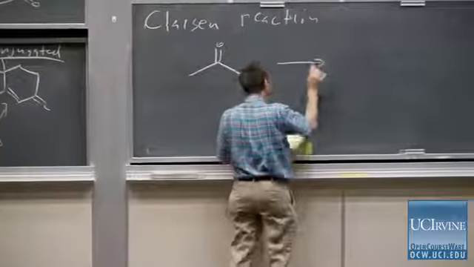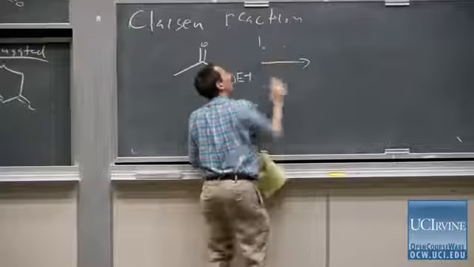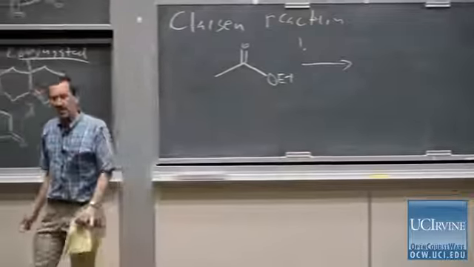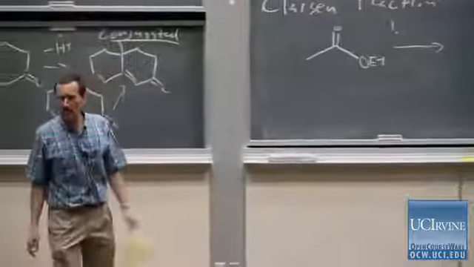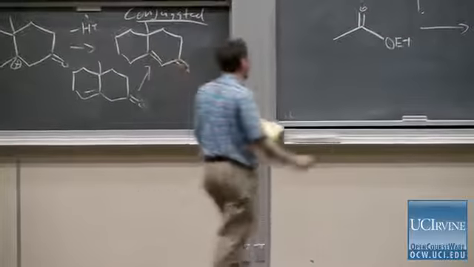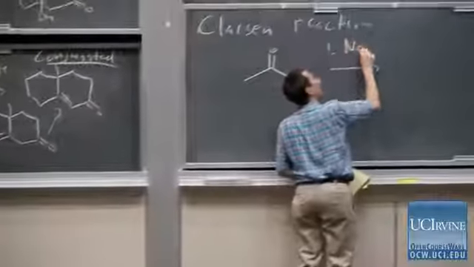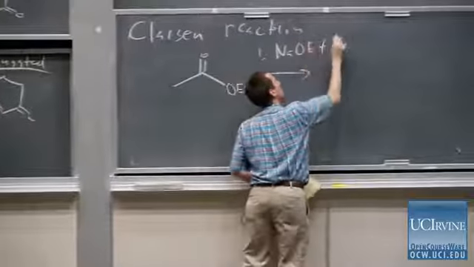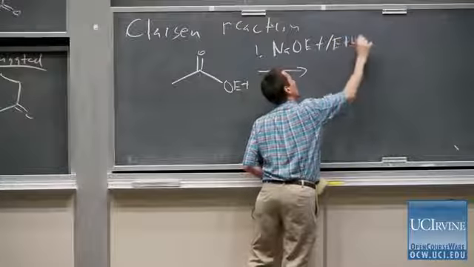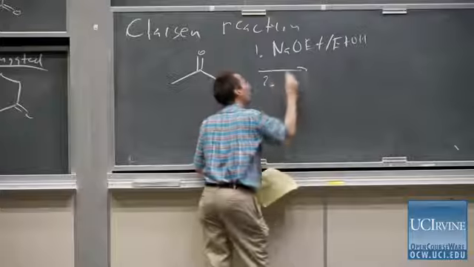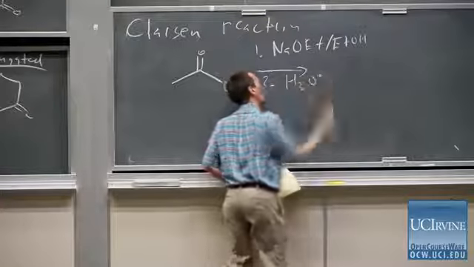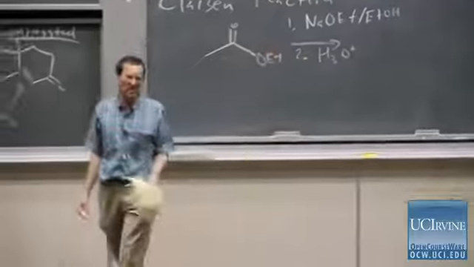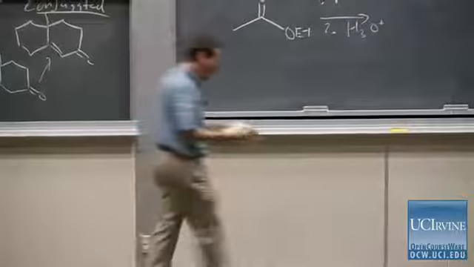beautiful and really simple once you understand it. So if we take ethyl acetate and we treat it with sodium ethoxide and ethanol first, so I'll write 1 to indicate we're doing that in a first synthetic step. And then we carry out an aqueous workup with some aqueous acid. That means some dilute HCl. You're not cooking things together.